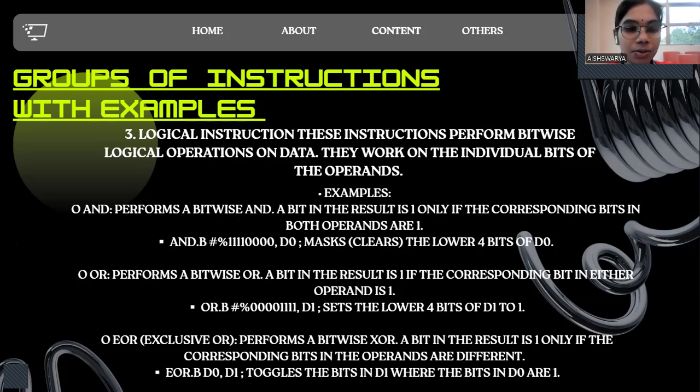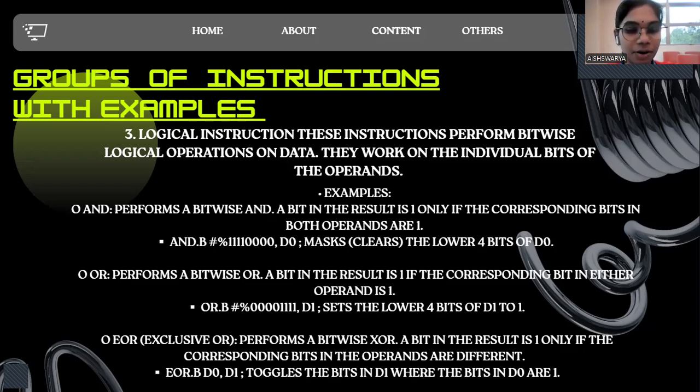AND.B #11110000, D0 masks and clears the lower 4 bits of D0. OR performs a bitwise OR: a bit in the result is 1 if the corresponding bit in either operand is 1. OR.B #00001111, D1 sets the lower 4 bits of D1 to 1.